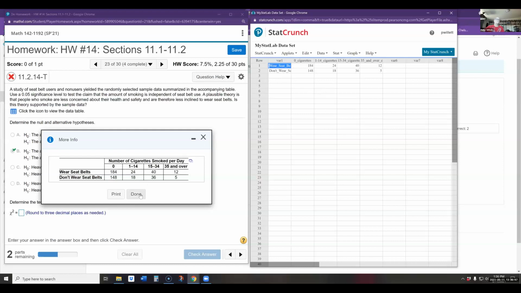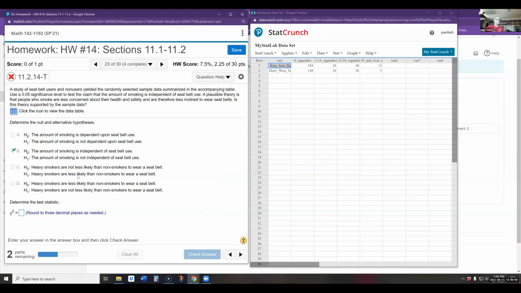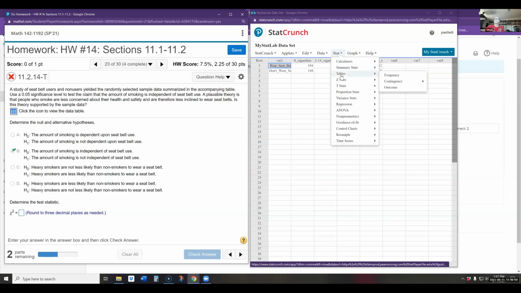To perform this hypothesis test, or to get our test statistic for the chi-square distribution, this is a contingency table. So I'm going to go to Stat, then Tables, Contingency, and anytime it's summarized in a table, that's going to be with summary.